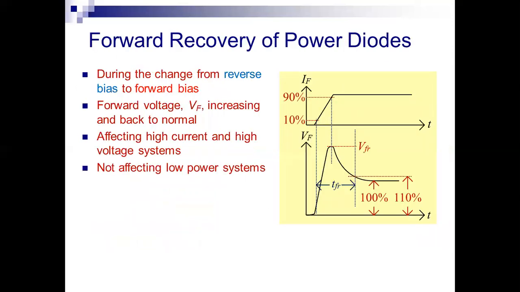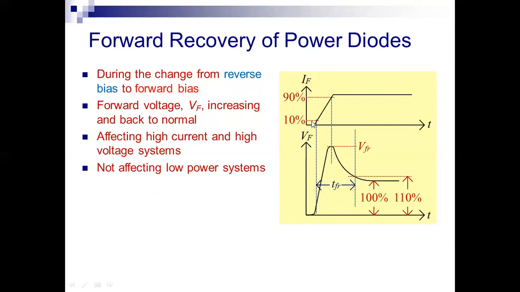And the forward recovery of a power diode, if you consider, occurs during the change from reverse bias to forward bias, with the forward voltage VF increasing and then going back to normal, affecting high current and high voltage systems, not low power systems. If you observe with respect to time, the forward voltage and the forward current, the curve slightly increases after some time, then the forward voltage decreases and comes towards a steady value.